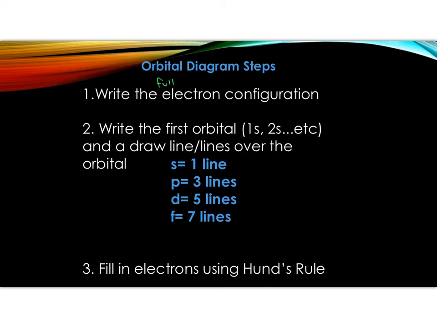So if you're doing an s orbital, you only need one line. If you are drawing a p orbital, you need 3 lines. If you're drawing the d orbital, you need 5 lines. And then the f orbital, you have 7 lines. Once you draw all your lines and your orbitals, you can then fill in your electrons using Hund's rule.